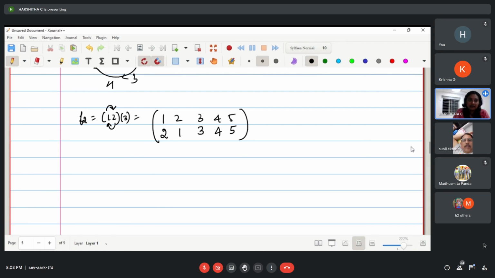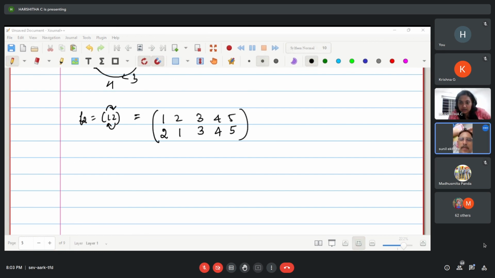So put it in simple words, whatever doesn't occur in this cycle notation is being mapped to itself. Is this okay? How we converted F2 into a function, like moving from cycle notation to the function?